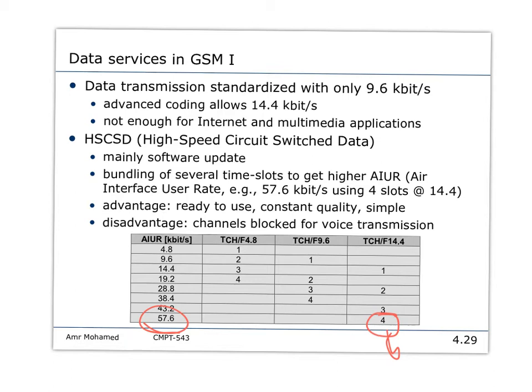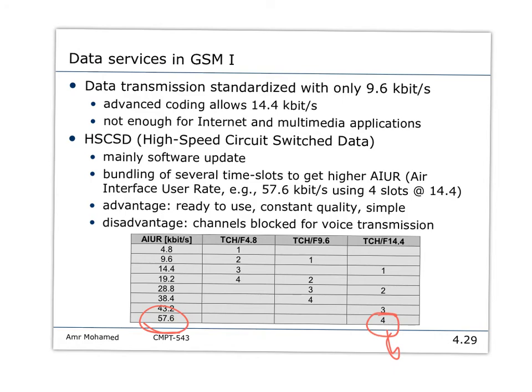For example, the user is doing some web browsing and then switches to another service. Depending on the application used on the mobile station, it may or may not use all these time slots. I allocated 4 time slots, but the mobile station did not use all of them for the entire communication, which means that some of these time slots are wasted.